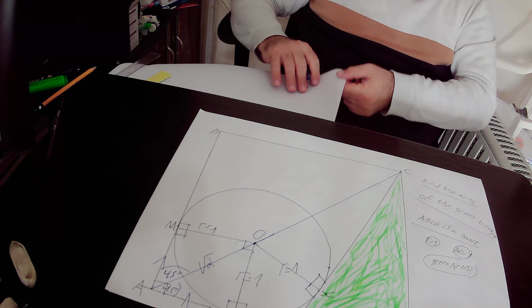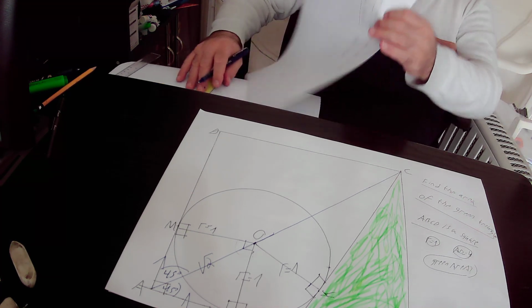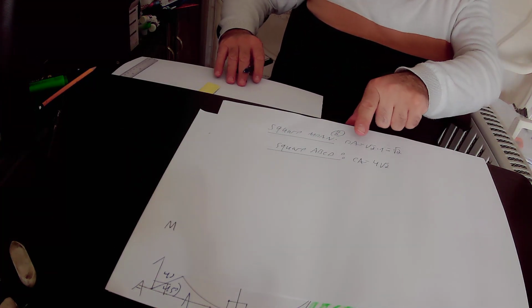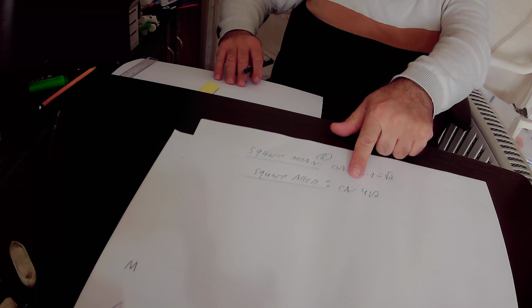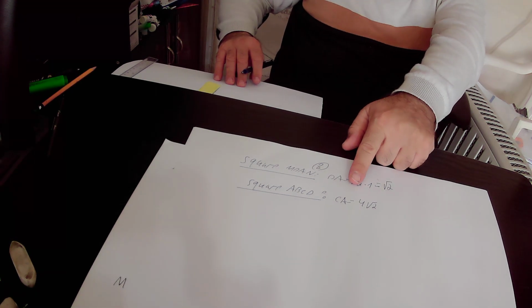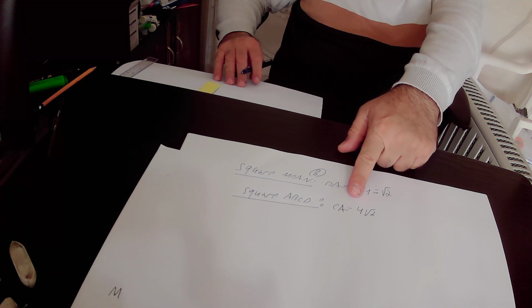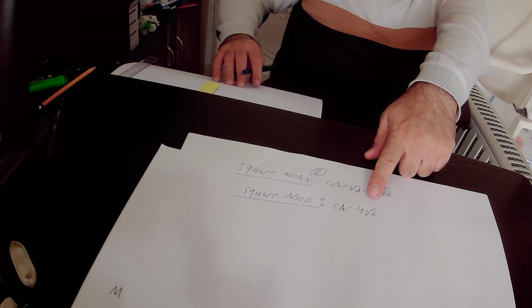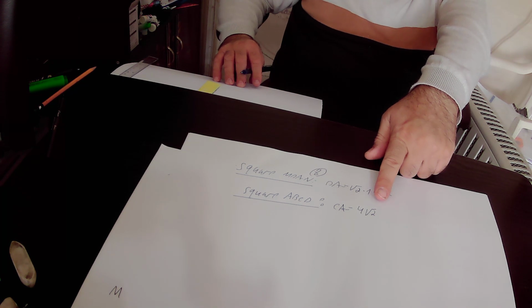I'll repeat again. The length of diagonal CA will be equal to the length of one side of square ABCD, that is actually 4 units, times square root of 2.